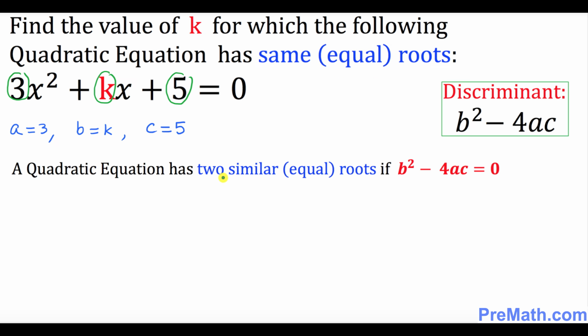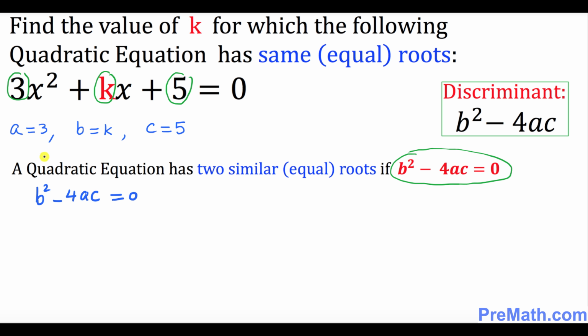And one more thing, keep in mind that any quadratic equation has two similar or equal roots as long as the discriminant b square minus 4ac is equal to 0. So that means we have b square minus 4 times ac equal to 0.